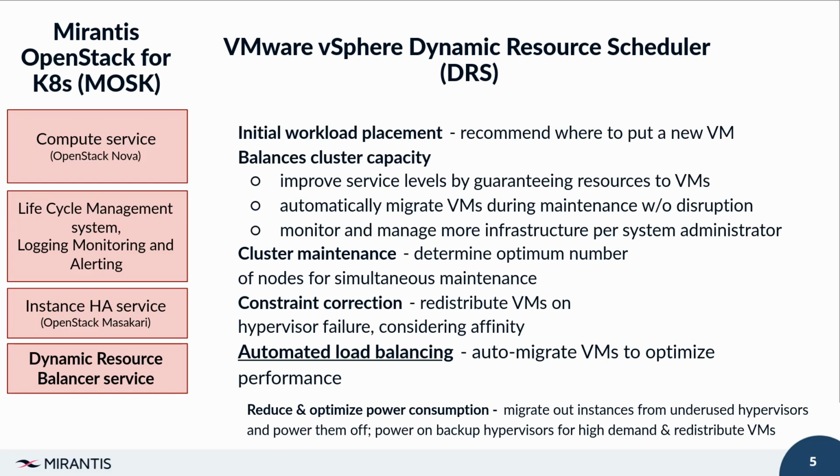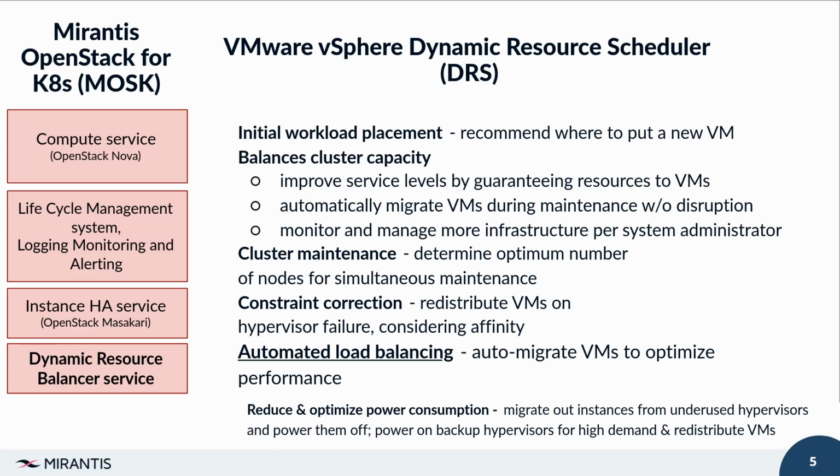Pretty much the same behavior. Basically, if one of your compute nodes goes down, and a compute node is the special term in OpenStack which designates the hypervisor, OpenStack Masakari will know about this and will make sure that your VMs get recovered in a different place, on one of the suitable hypervisors that are functional. We can see that the parity here is pretty much in place.